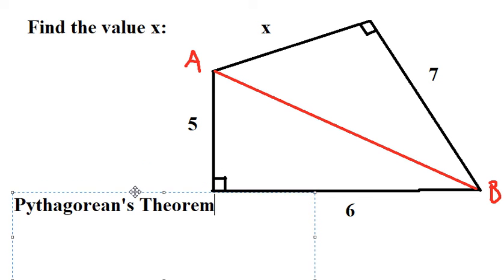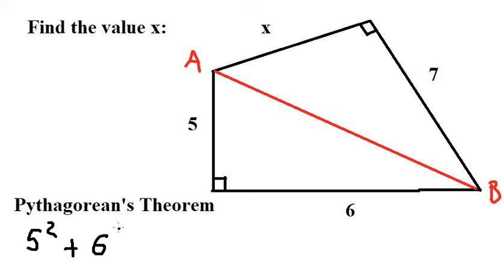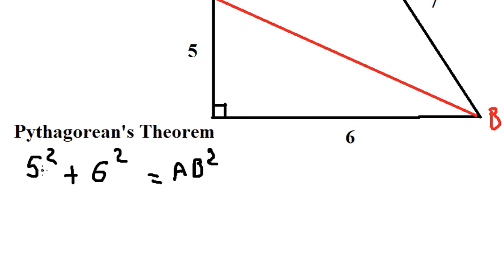The two sides of the triangle with the right angle in here, we have 5 squared plus 6 squared equals AB squared. And we calculate the numbers in here. That is 61.